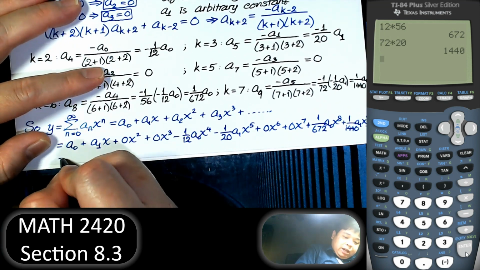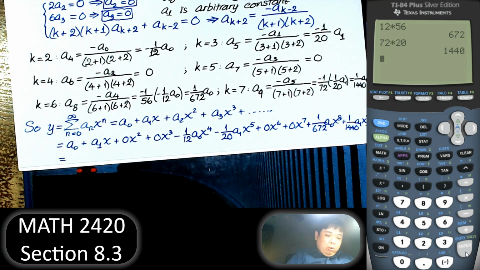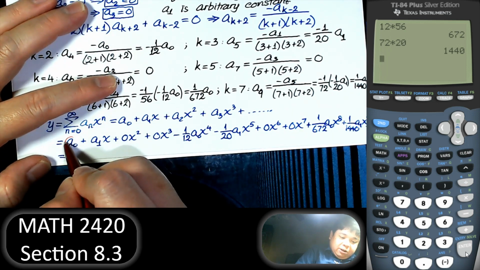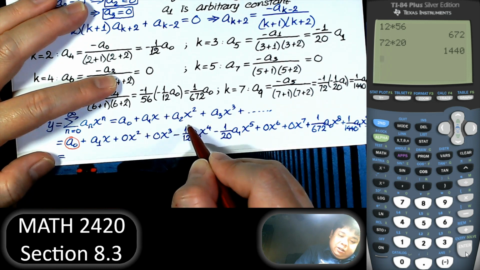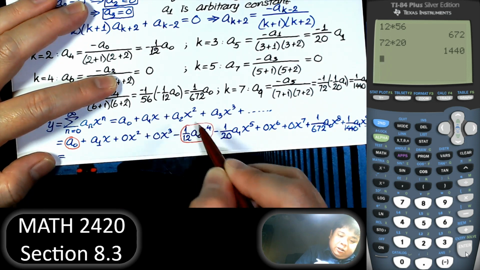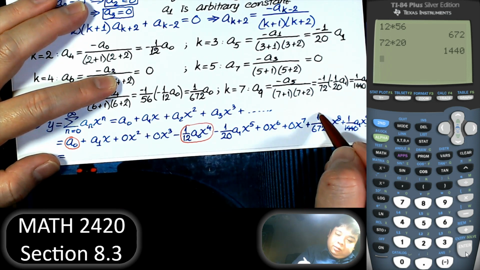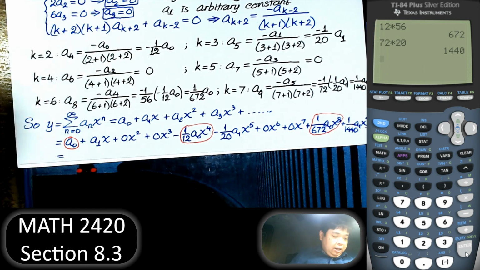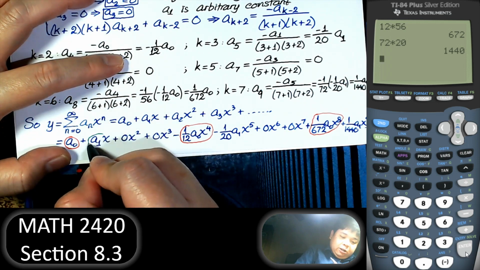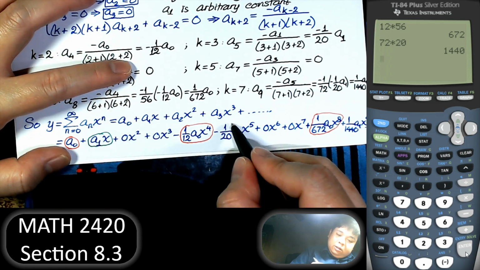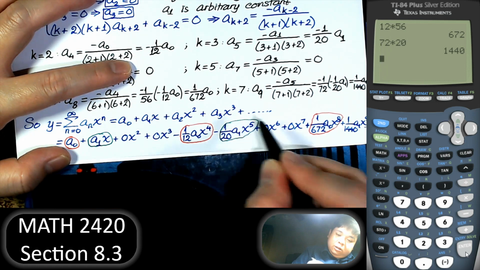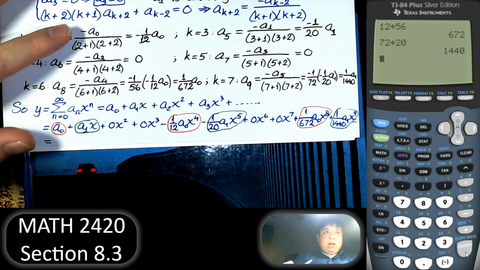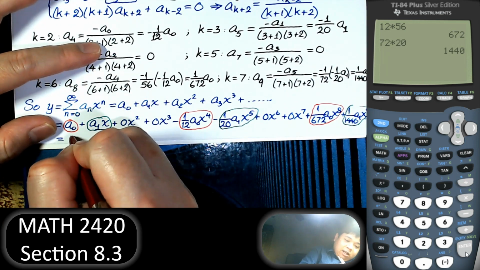And finally we can write the solution. We can factor out everything that has a naught. So we have a naught here, and everything with a1. The others are 0. Now put them together, we will factor out a naught.